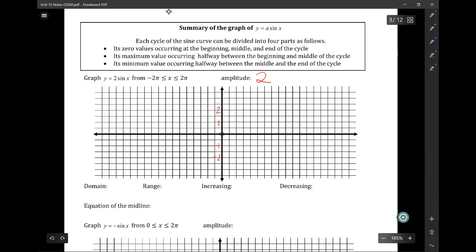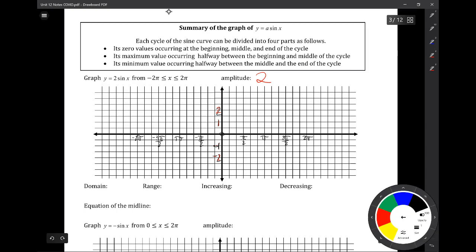We start at 0, and then 2 lines, and this is π/2, π, 3π/2, and then 2π. You're going to get the hang of this because we are going to do this probably 50 times in the next few weeks. So you will get the hang of the order of the numbers, I promise. All right, so here we go. We got our axes labeled, and it is going to take the same shape as the last one did.